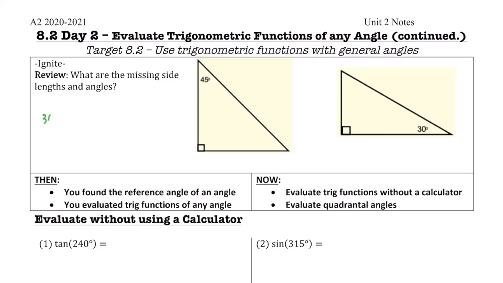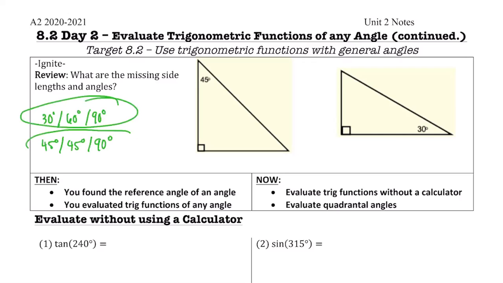These are what we call our 30, 60, 90-degree triangle, or you have what's called a 45, 45, 90 triangle. Anytime you have these two specific types of triangles, there's always a preset length of those triangles.